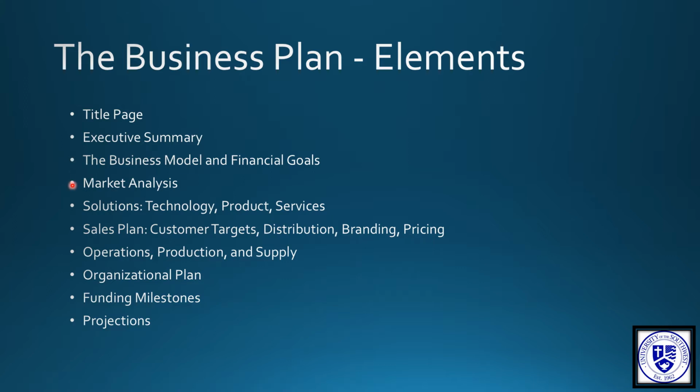We've got to include some analysis of the market, the solutions that are available, either technology or other products or services, what our sales plan is, how do we plan on actually achieving sales goals, what our operational plans are, how are we going to run the organization, who's going to manage the organizational design, and then the funding milestones and any projections that we might have.